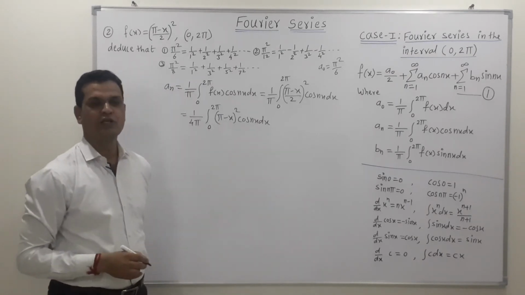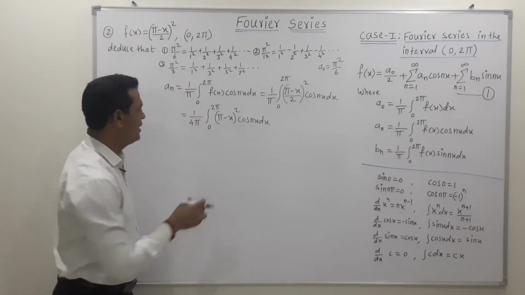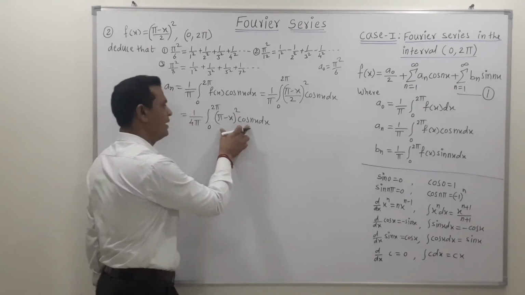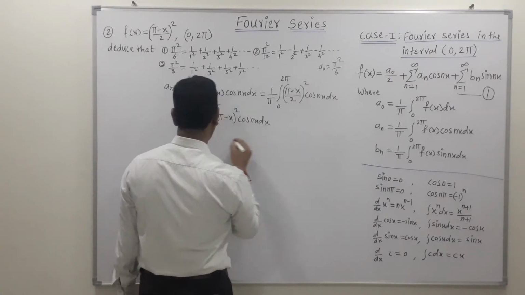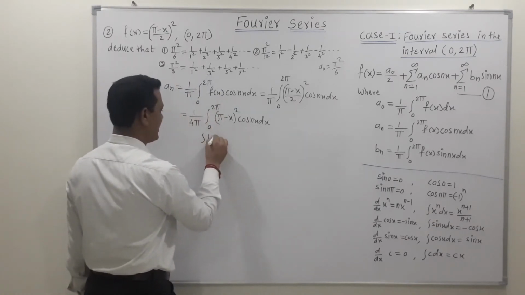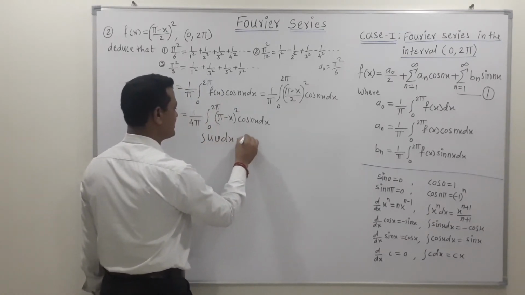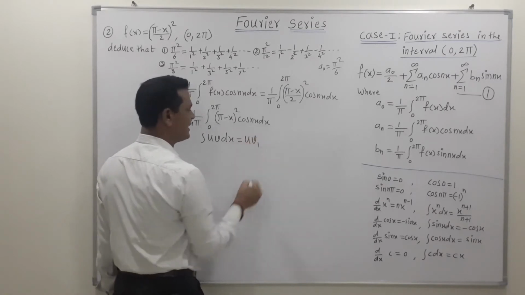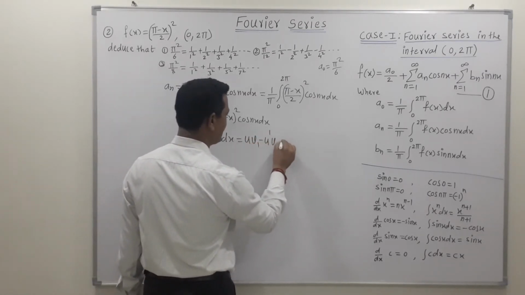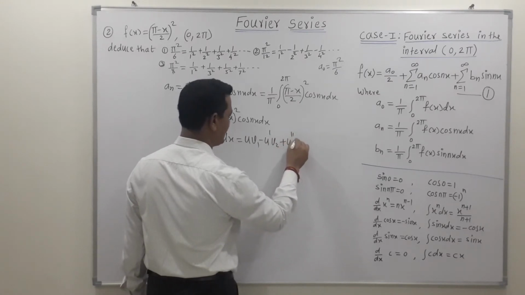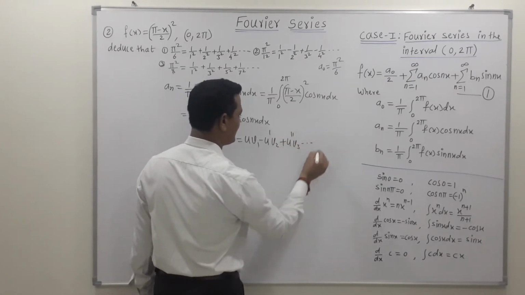Here friends, the general rule for integration by parts is useful because this is the product of two terms. The general rule says that the integration of uv dx is equal to the first function into the integration of the second, minus the derivative of the first into the integration of the second, plus the second derivative of the first into the third integration, and so on.